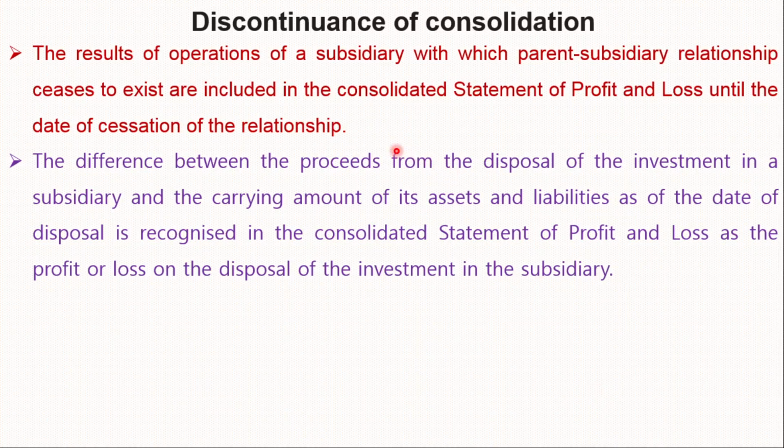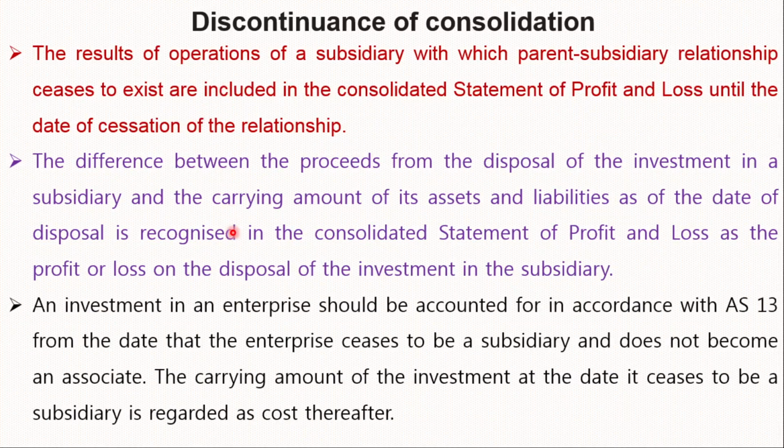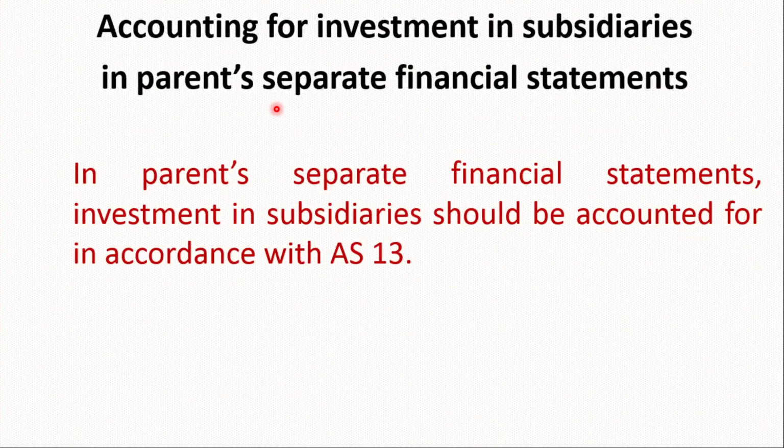So this is discontinuation of consolidation. An investment in enterprises should be accounted for in accordance with AS 13. Accounting for investment in subsidiaries in the parent's separate financial statements: in their separate financial statements, investments in subsidiaries should be accounted for in accordance with AS 13.